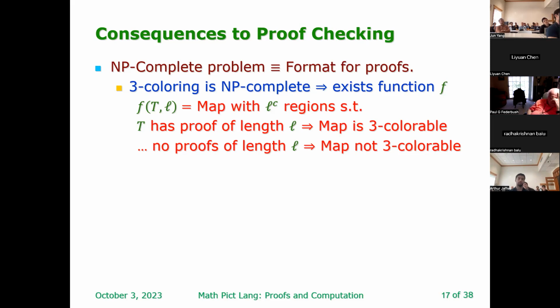Take any NP problem that you have. I can map the input to this problem into a graph. If this problem has a solution which the verifier would accept, then this graph will have a 3-coloring. If it does not, then it does not. So if you give me a polynomial time algorithm for an NP-complete problem, then I can give you a polynomial time algorithm for every NP problem.